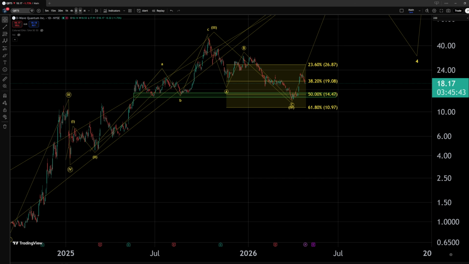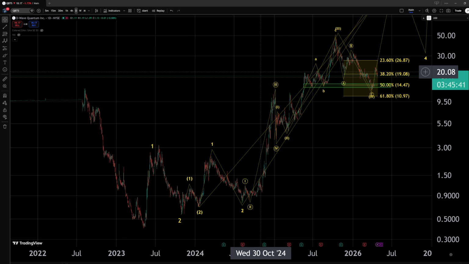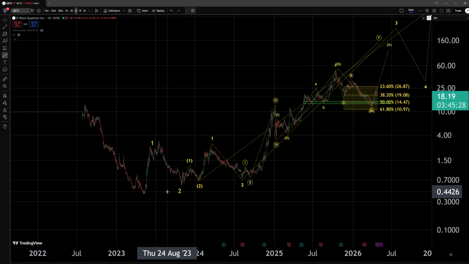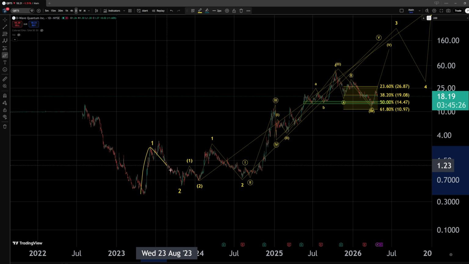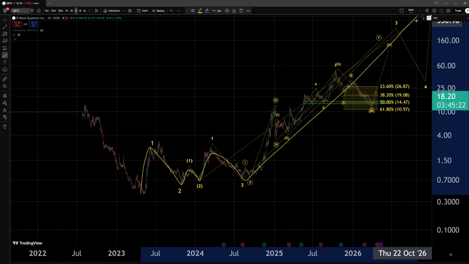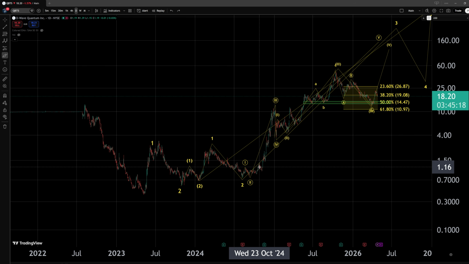So here on this chart we have probably the most bullish pattern out of the quantum stocks available. We have the possibility to track this as a larger impulse, where this could have been a series of 1-2 setups, and this would be our larger wave 3 to the upside that could extend quite considerably, especially given that we have here on this chart a rather more simplistic count that we are tracking.